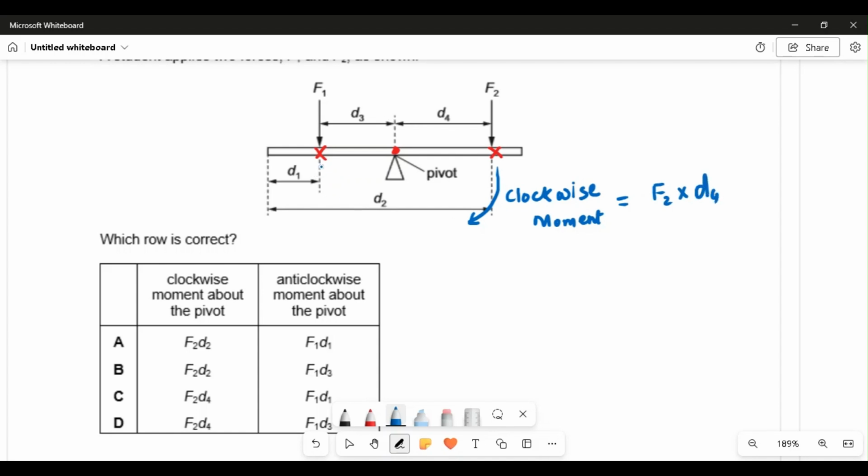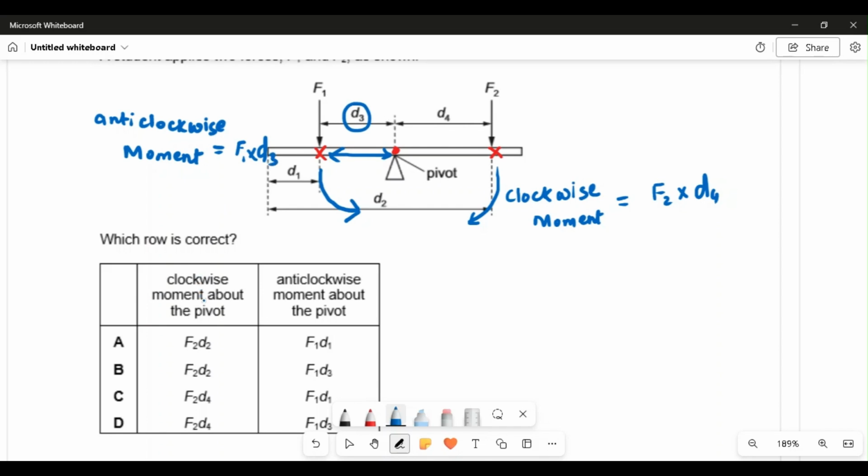At this other point, the force F1 will turn the beam anti-clockwise, and this anti-clockwise moment will be equal to F1 times the distance from this point to the pivot, which is D3.